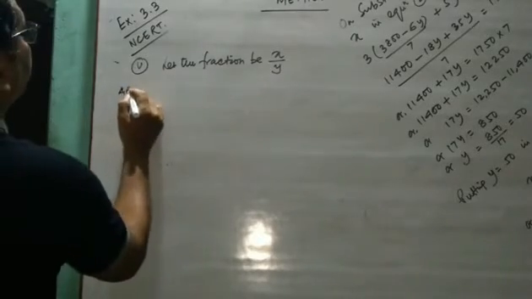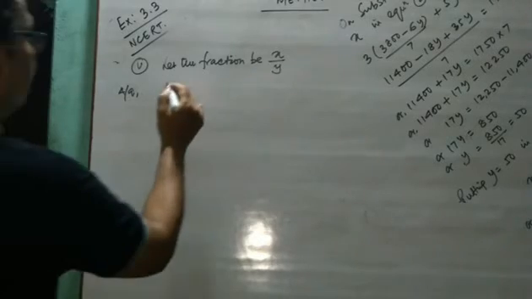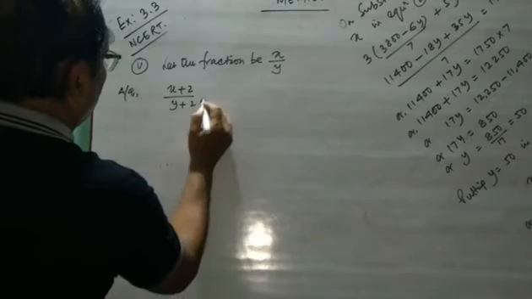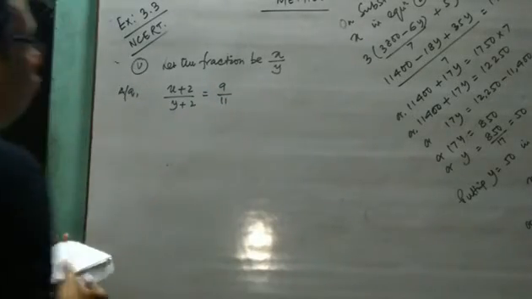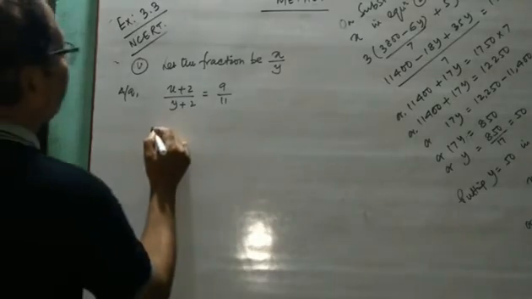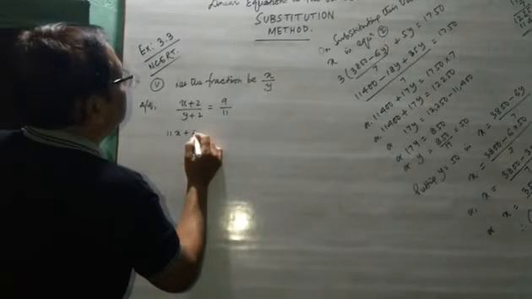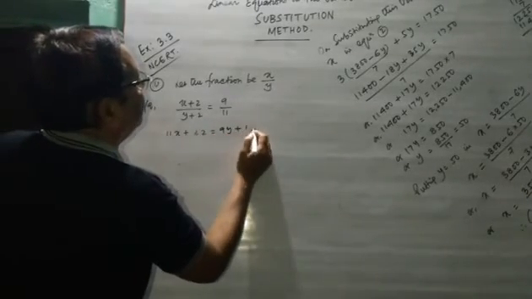According to the question, if 2 is added to both the numerator and denominator, x plus 2 by y plus 2, the fraction gives 9 by 11. Do the cross multiplication. 11x plus 22 is equal to 9y plus 18.